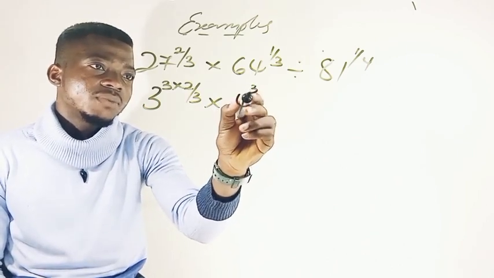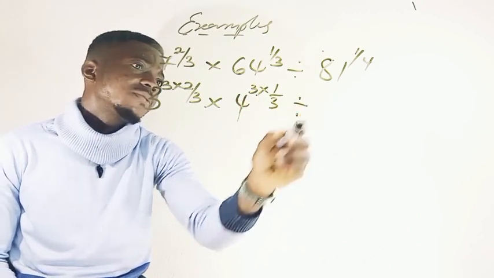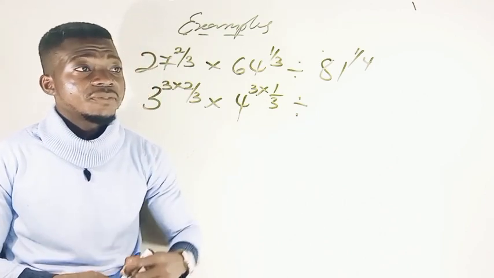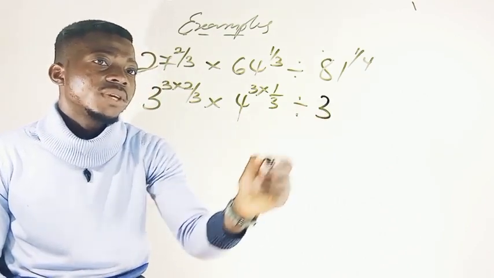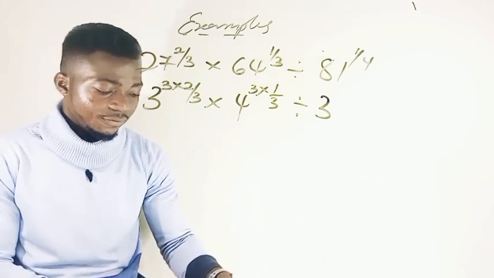Then this one is 81, what are we using? The 3 exponent 4.